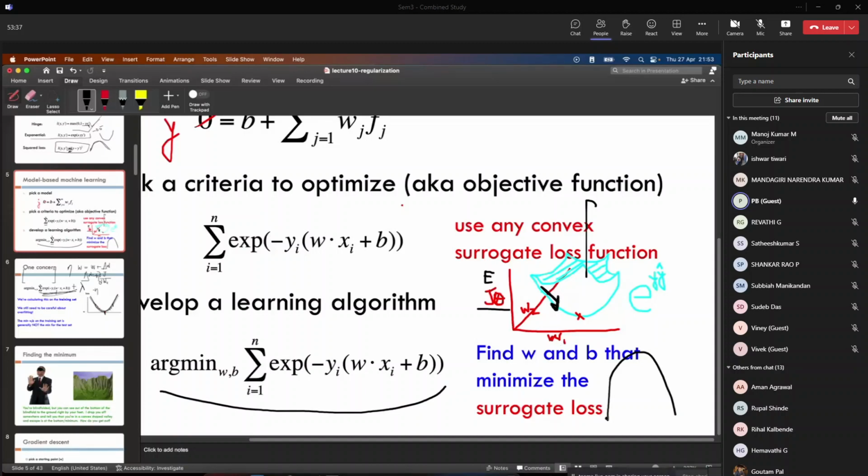Like, I have a function which is like this. See, exponential minus this. The function shape is like this. The error shape is like this. How can I instruct my algorithm to find something which is down below here?